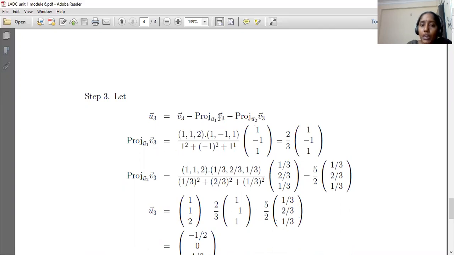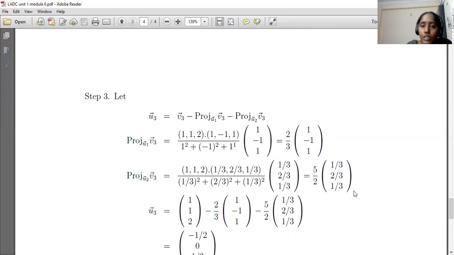Just find the projection of V3 on U1 as V3 dot U1 by modulus of U1 square into U1. That becomes 2 by 3 into 1, minus 1, 1. Next we find the projection of V3 on U2. That means V3 dot U2 by modulus of U2 square into U2, which gives 5 by 2 into 1 by 3, 2 by 3, 1 by 3.